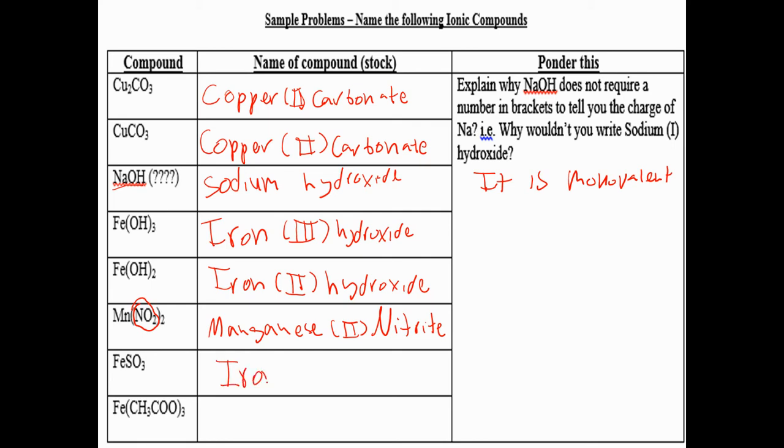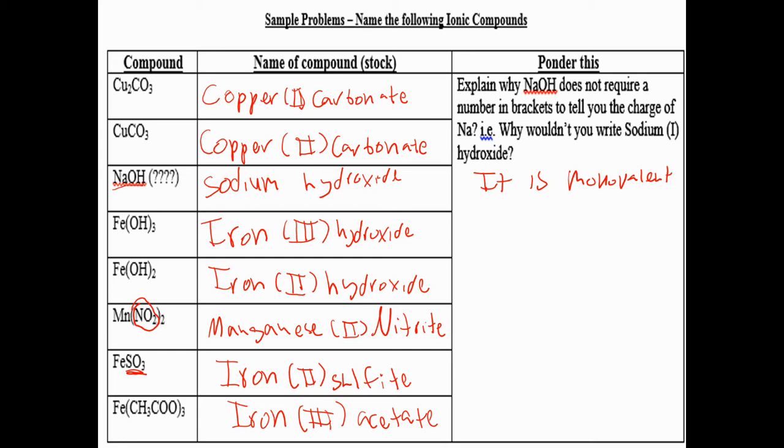Iron 2 sulfite. This is sulfite, not sulfate. And now we have an acetate here, so we have iron 3 acetate.